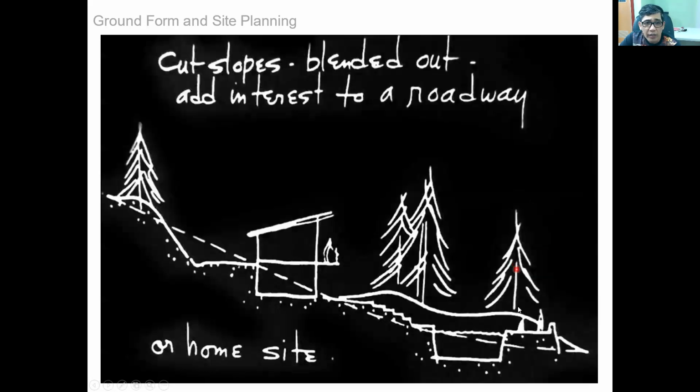Like in this case, if this is a fill, you need to make sure that this area, like this one, he created a retaining wall so that the soil will not erode. So this will hold the soil that was filled on this area. And he planted trees so that these trees will eventually protect the soil from erosion.